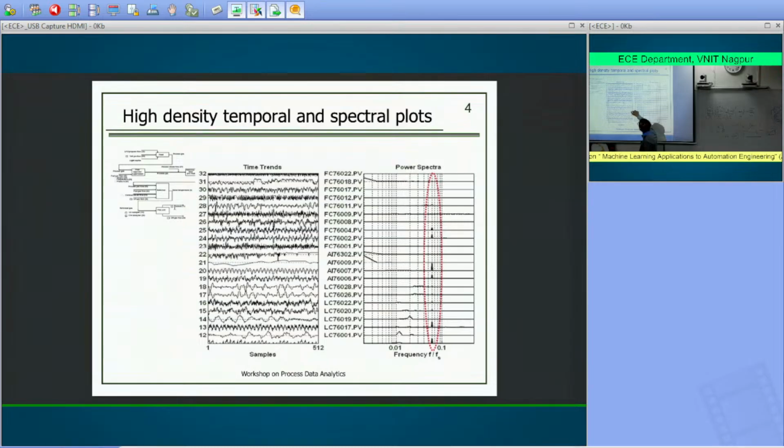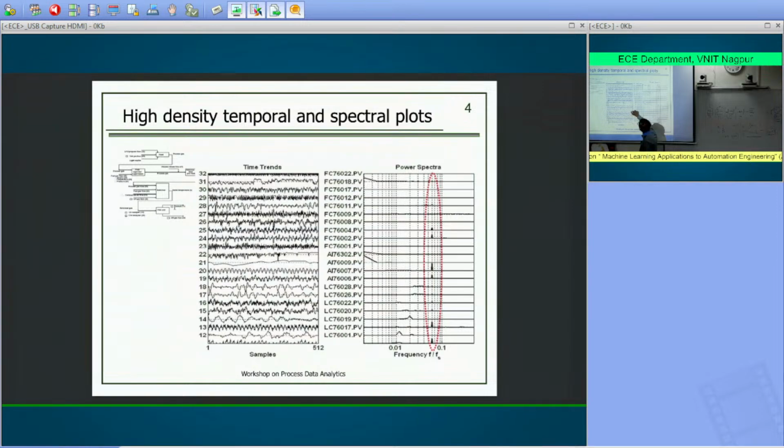On the right-hand side, you see the power spectra. And the power spectra clearly indicates that there are some tags, some measurements, where they are oscillating at a certain frequency. So these measurements are all oscillating at the same frequency. So you have these 32 measurements. All of them are showing some form of oscillations.